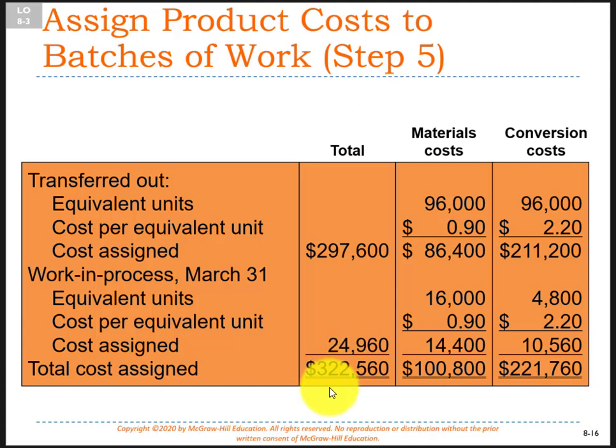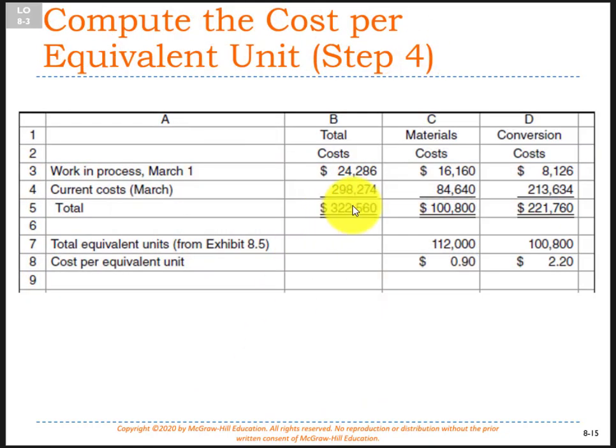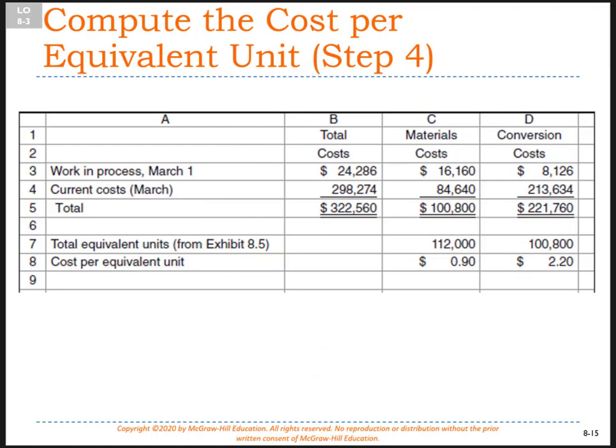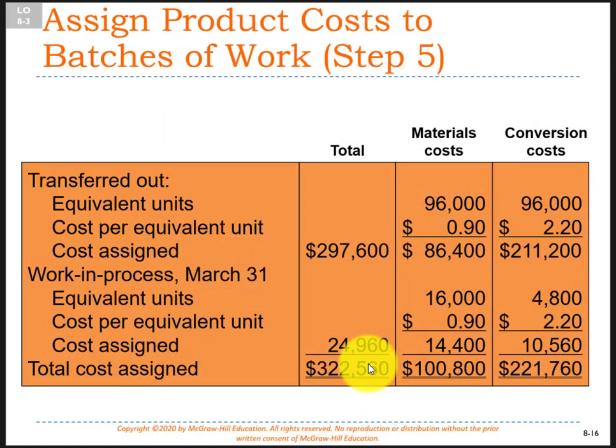We always want to check to make sure that our total costs assigned are our total cost to account for. And there it is. There's our total cost to account for. $322,560, consistent. And we have found a place for all of our costs. Nothing disappeared.